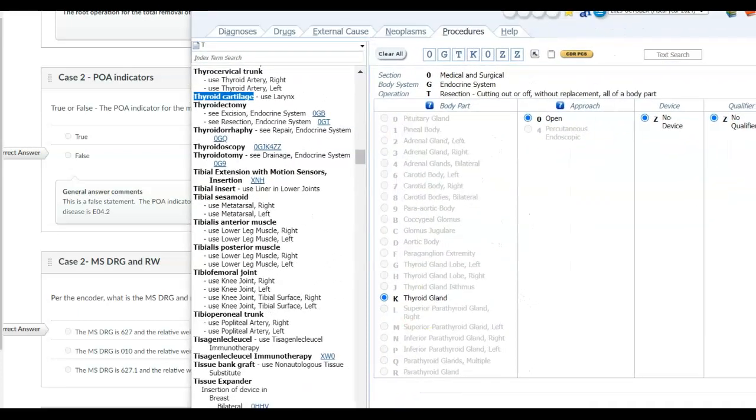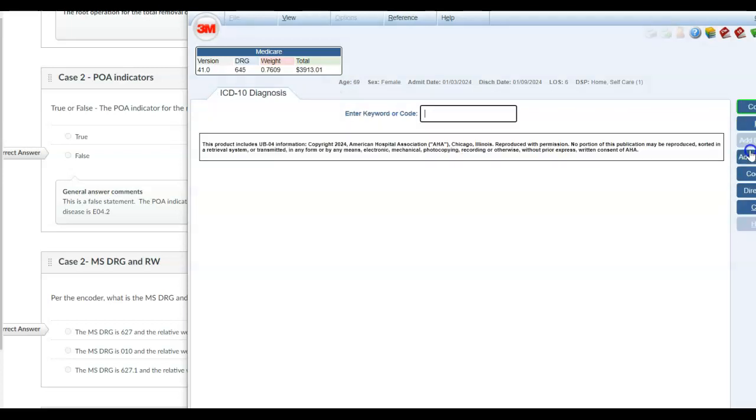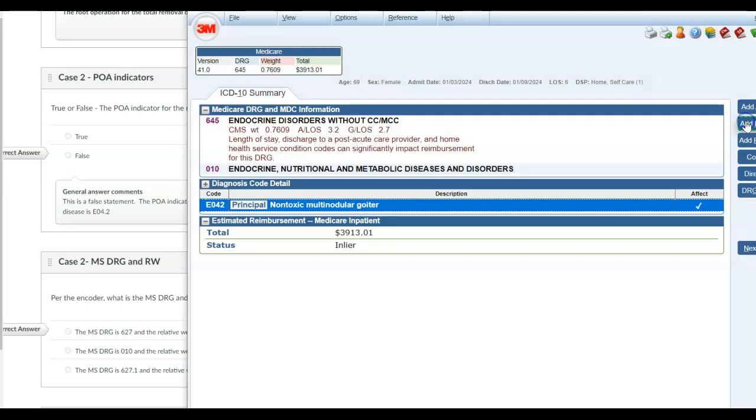All right, I'm going to go ahead. Let's get everything plugged in to that. So back up that. All right, so we have, once again, I'm going to start off here. We have age 69. She's female. 1/3 year 2024.